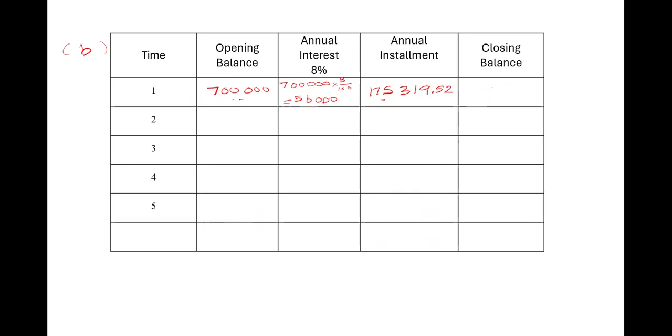Opening balance plus annual interest, subtract annual installment. That means 700,000 plus 56,000 subtract 175,319.52.